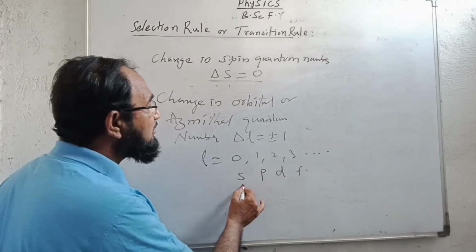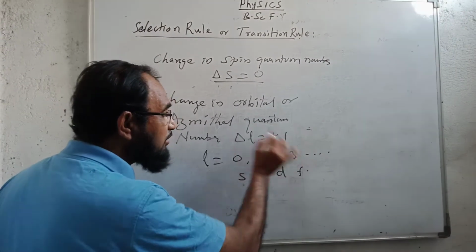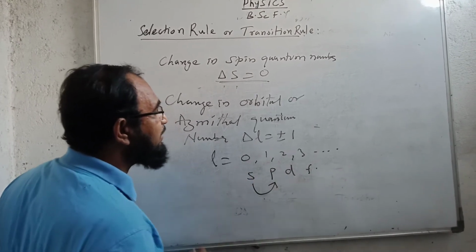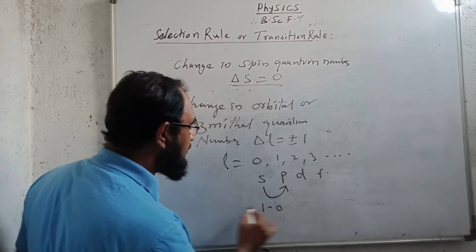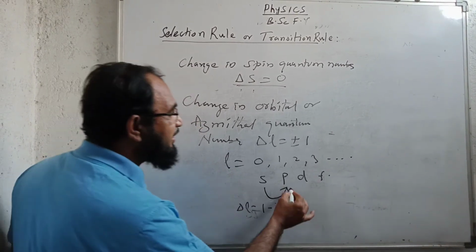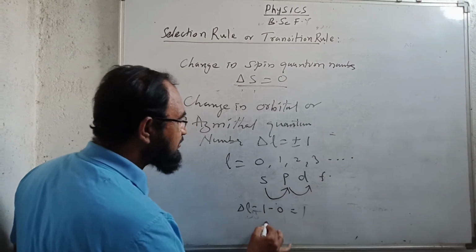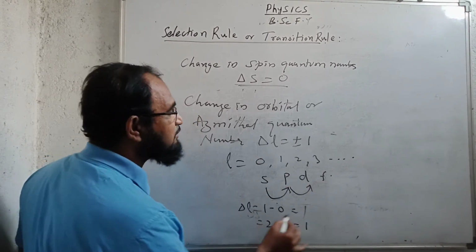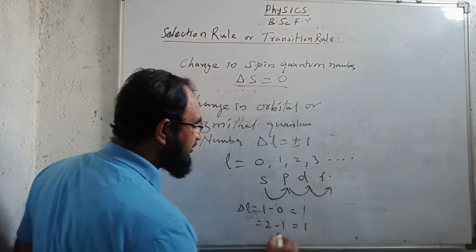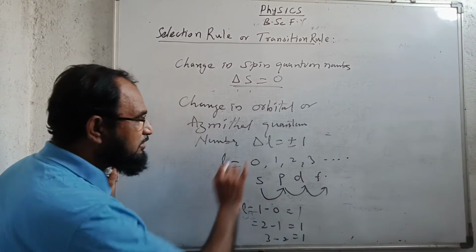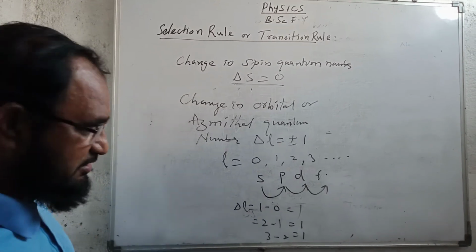Delta L equal to plus or minus 1 means the electron can jump from S to P, that is 1 minus 0, so delta L is plus 1. When I take P to D, that is 2 minus 1, it is also plus 1. D to F is 3 minus 2, also plus 1. So these are the allowed transitions.